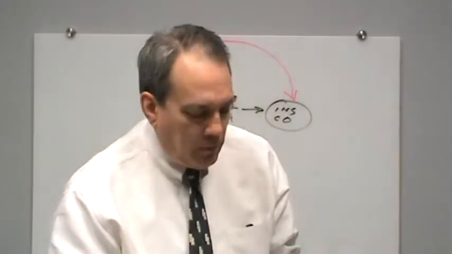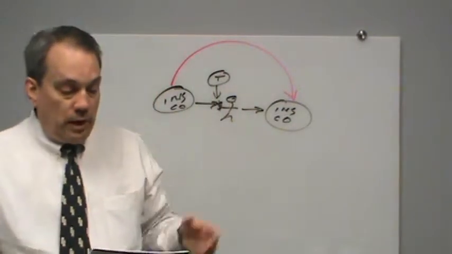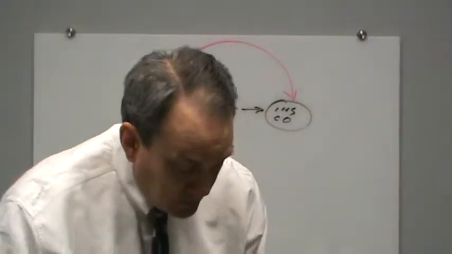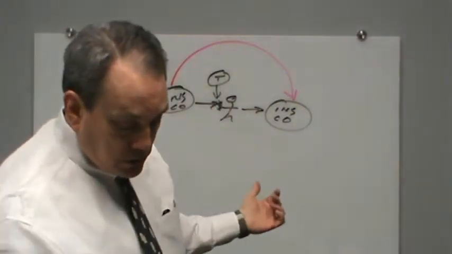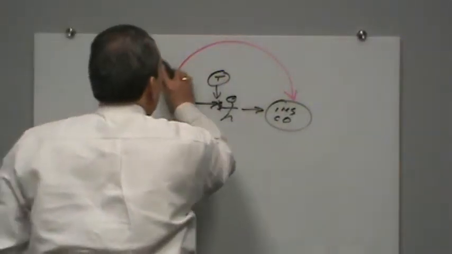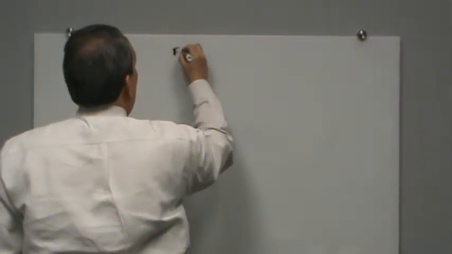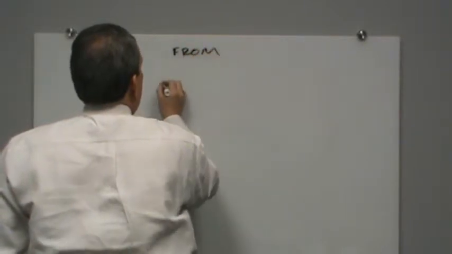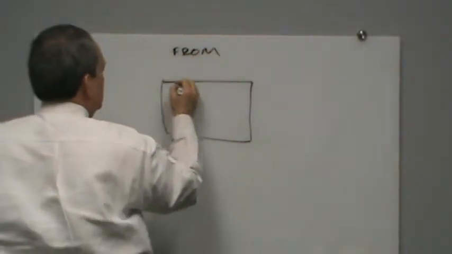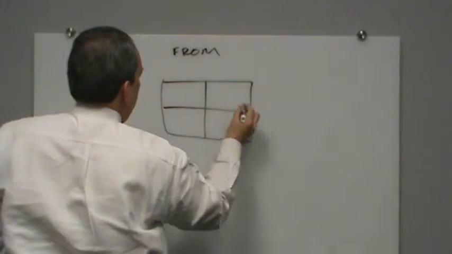Okay? It's available for both annuities and insurance, but now here's the deal. You'll need to know you can switch from one to the other. Okay? Which one and which other? You only have 2 choices, so it makes a nice little 4-box grid. So from and to.